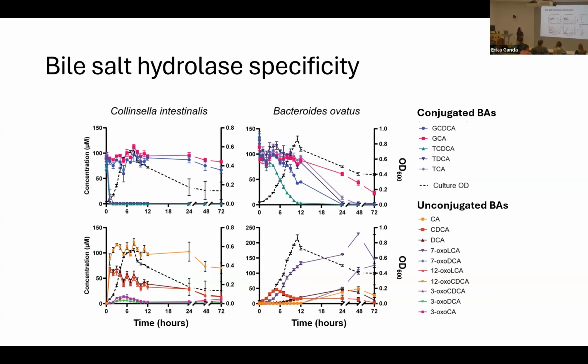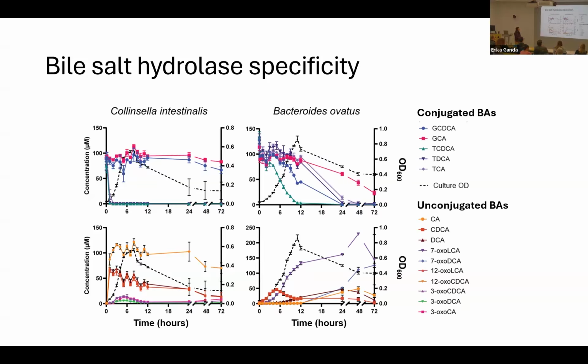Another example of a different type of specificity was with Bacteroides ovatus, where we have different conjugated bile acids being deconjugated at different rates over time, with preference for some conjugated bile acids over others. And this impacted the rates at which unconjugated primary and secondary bile acids appeared in the media.